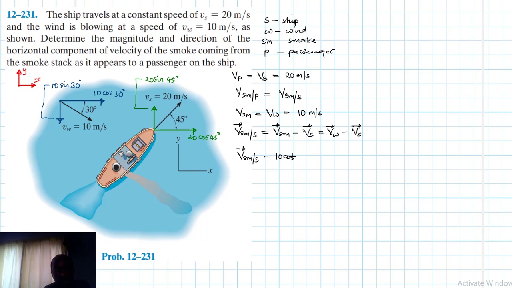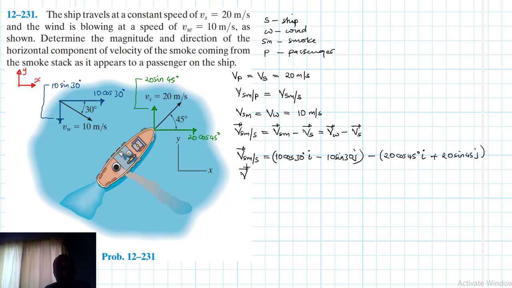So this is 10 cos 30 i, minus 10 sine 30 j, then minus the V ship: we have a 20 cos 45 i, and then plus a 20 sine 45 j.